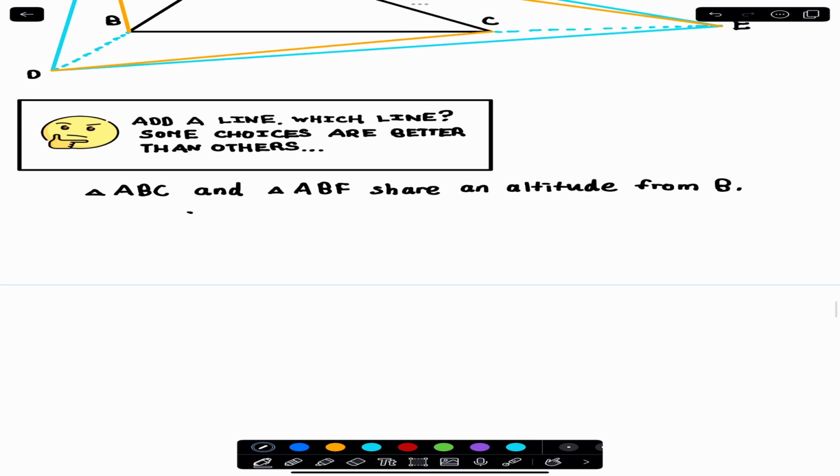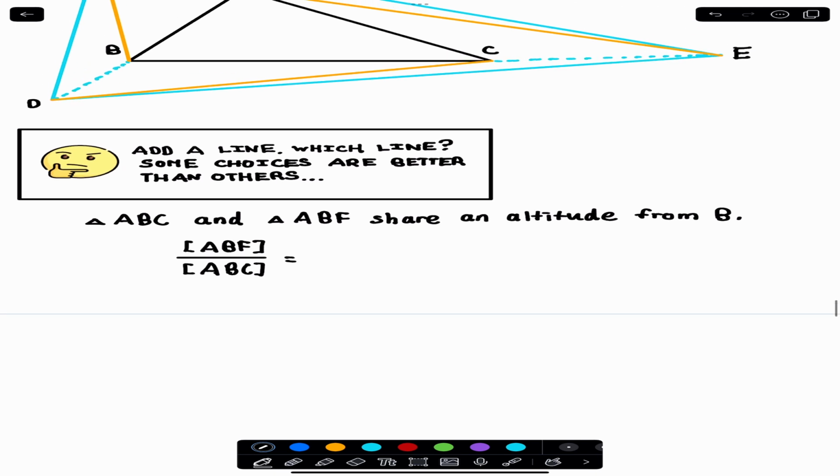This means the area of triangle ABF over the area of triangle ABC is equal to AF over AC.